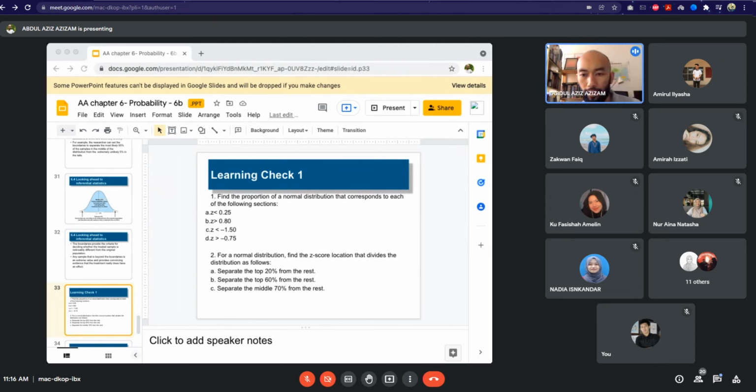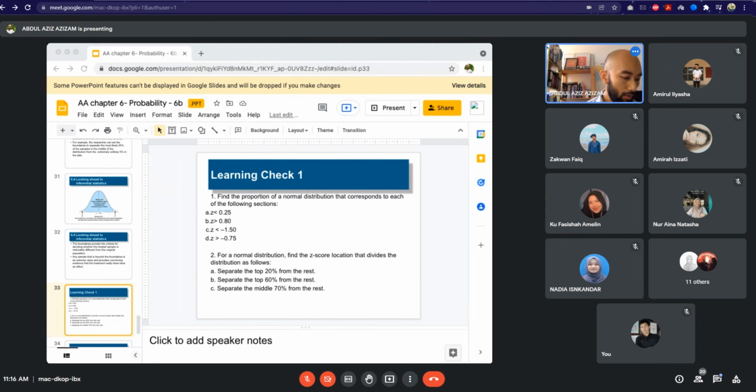So should we look at the tail or body or in between? In between sir. Are you sure? Z is greater. Tail sir, tail. Yes, tail. So P dia? 0.413. Salah juga tu. Tail? Sorry, 0.8. 0.8, 0.2119 sir. Yes, 0.2119.